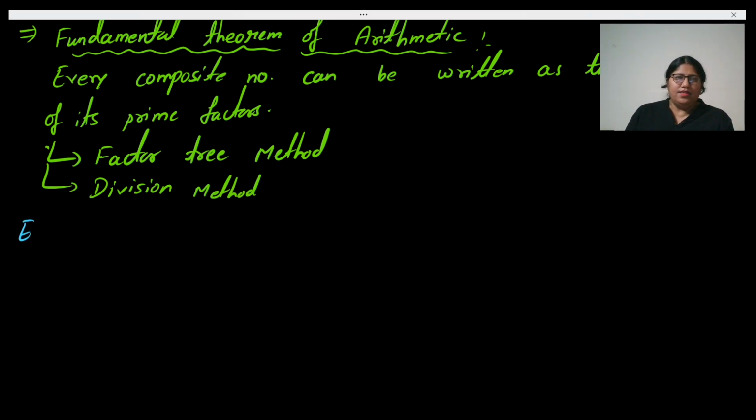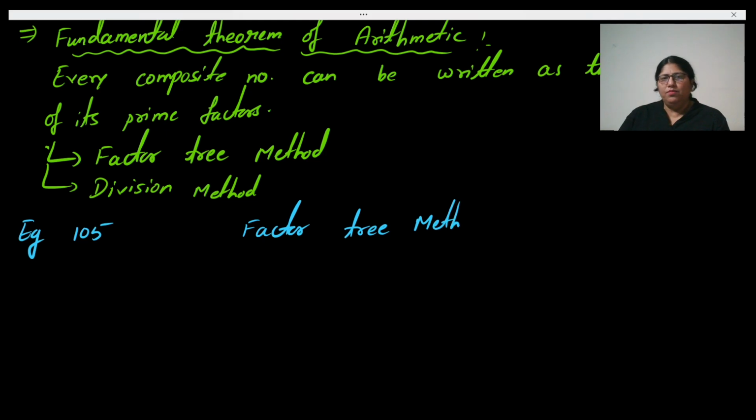Now what is given here? If I take one example, if I say 105, correct? Now using the factor tree method, find out the prime factorization of this number. First you will take 105.